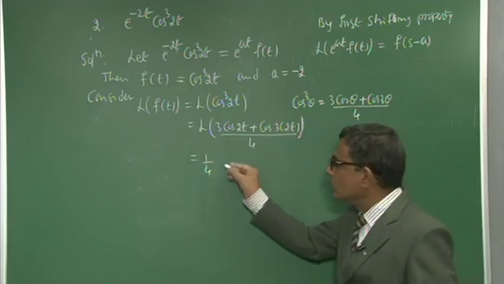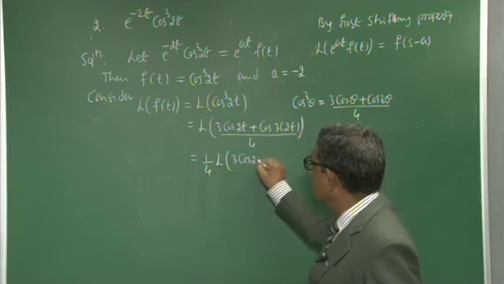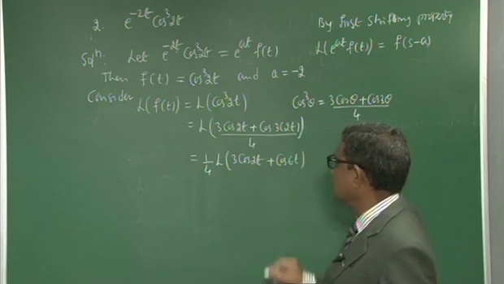1 by 4 is constant, you can take it outside: L of 3 cos 2t plus cos 6t.